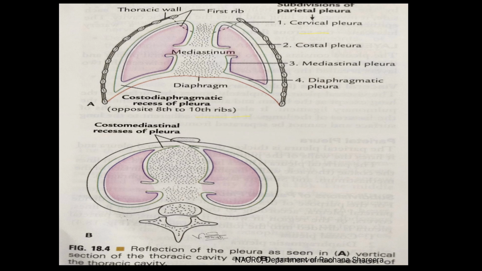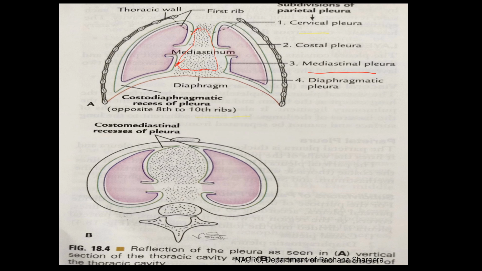In between, there are two lungs covered with the parietal pleura; the outer layer of the pleura is parietal and the inner is visceral. In between is the space called the mediastinum. In the mediastinal space, the covering of pleura, called parietal pleura, has the subdivision mediastinal pleura.